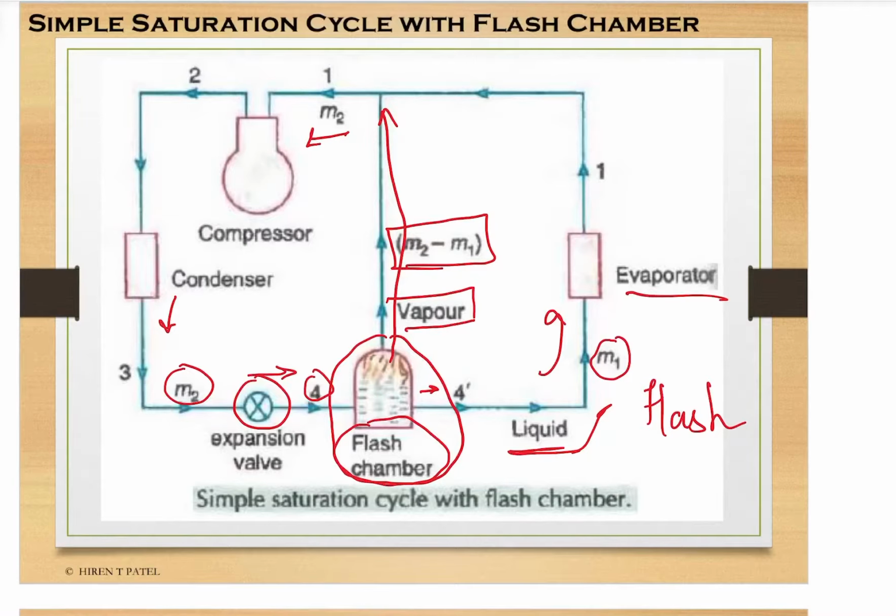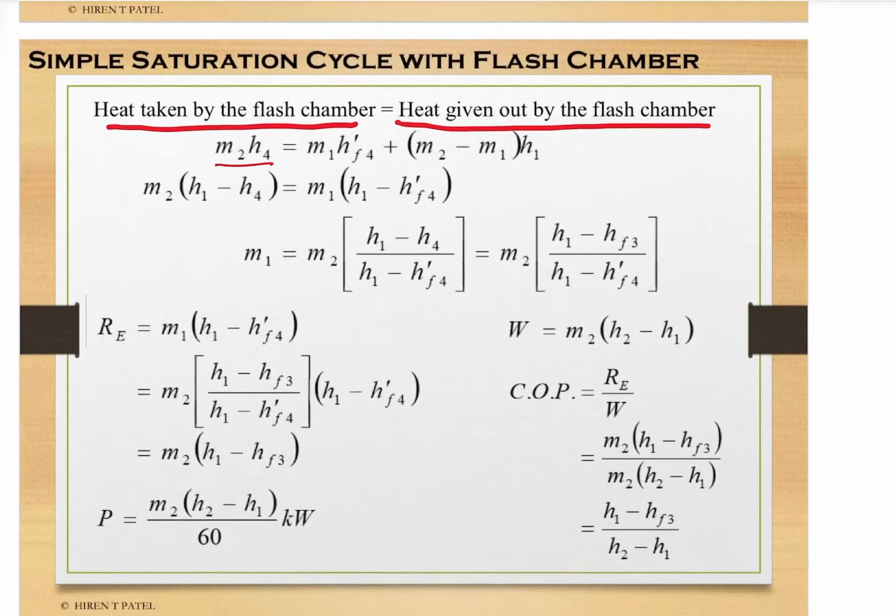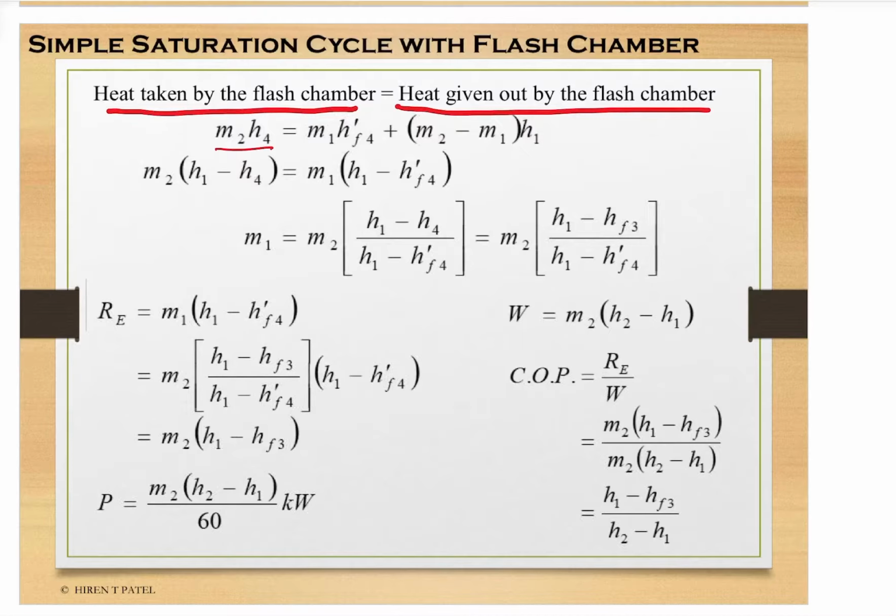M1 mass is leaving the flash chamber and transferred to the evaporator, and M2 minus M1, the mass of flash, is transferred to the compressor. So M2 H4 is equal to M1 hf4 dash plus (M2 minus M1) into H1. M1 hf4 dash is the liquid transferred to the evaporator, and (M2 minus M1) into H1 is transferred to the compressor.